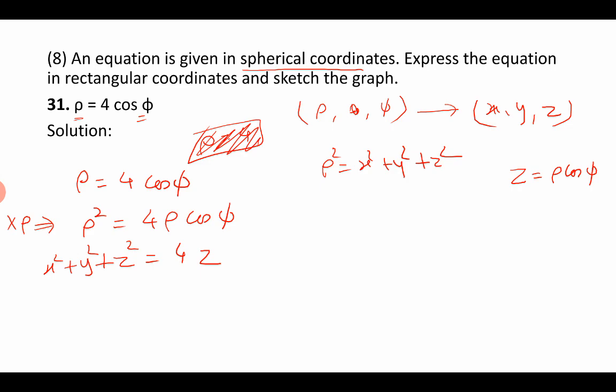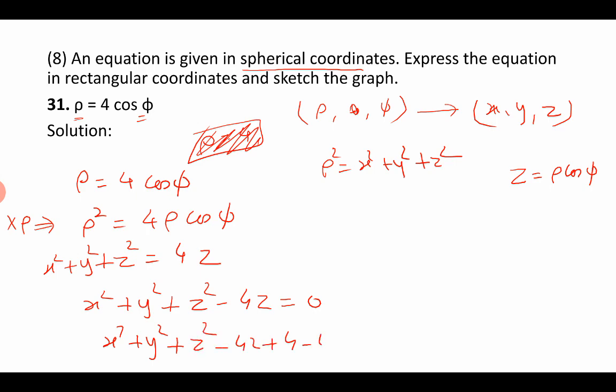Just like the previous problem, convert into a perfect square. You get x squared plus y squared plus z squared minus 4z is equal to 0, and then x squared plus y squared plus z squared minus 4z plus 4 minus 4 is 0.